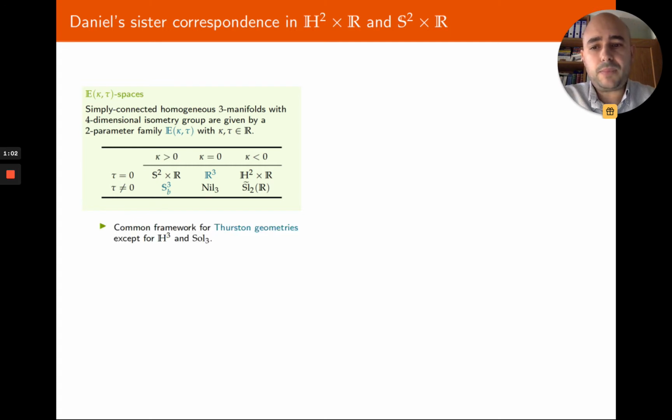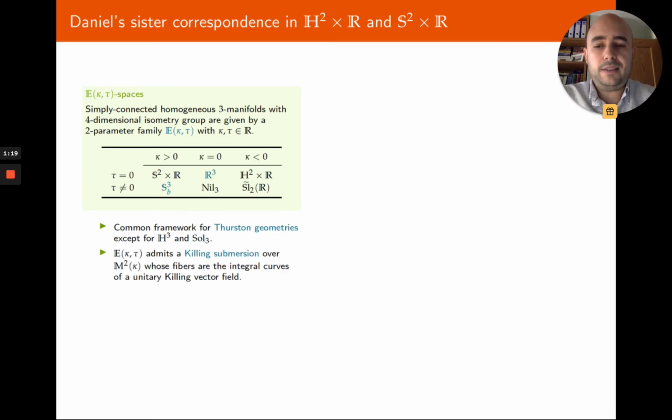This was very popular in the last decades because they give a common framework for Thurston geometries except for the hyperbolic space H³ and the group Sol₃.